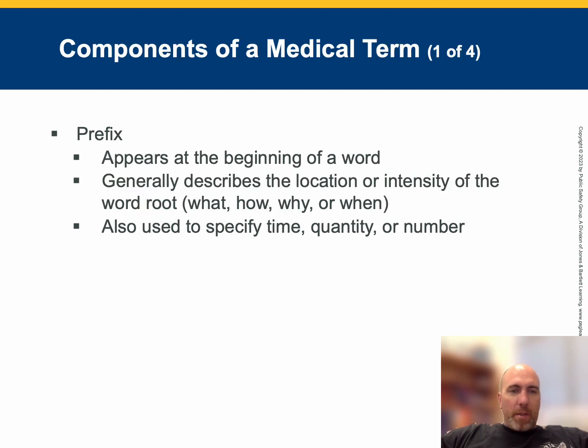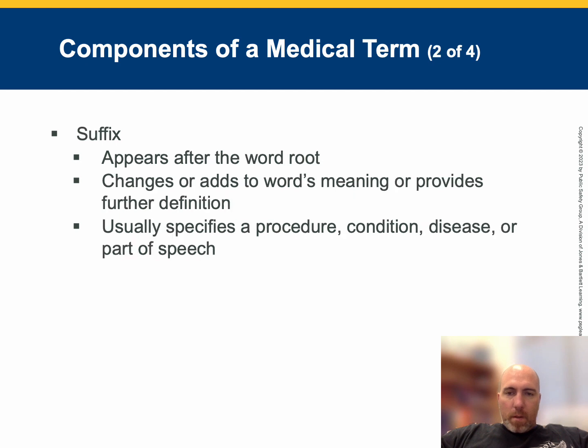The prefix appears at the beginning of a word. It generally describes the location or intensity of the word: what, how, why, or when. It's also used to specify time, quantity, and number. The suffix is a component added to the end of the word root that changes or adds to the word's meaning or provides further definition.